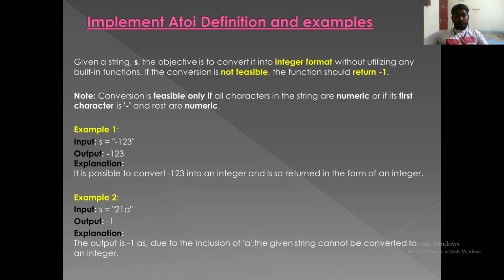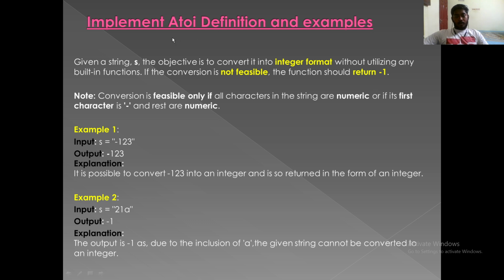If it contains anything other than a minus or plus sign before the integer, it is not possible to convert the string to an integer. So we have to check whether the string conversion is feasible or not. If it is feasible, we return the same integer value, or else, if it is not feasible, we have to return -1.